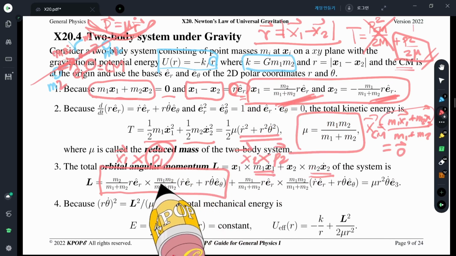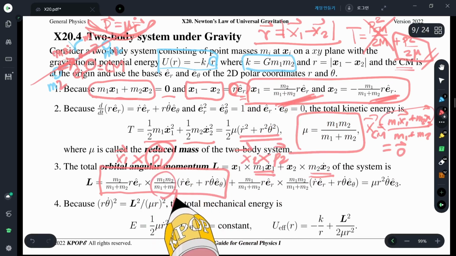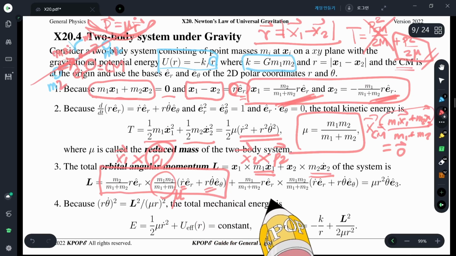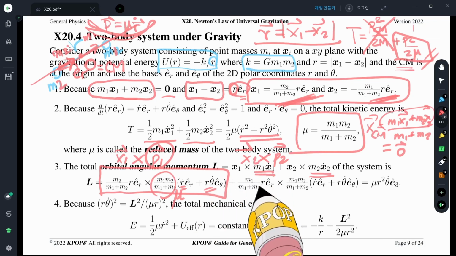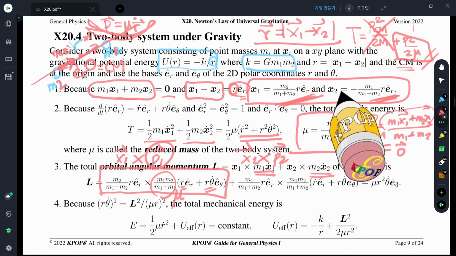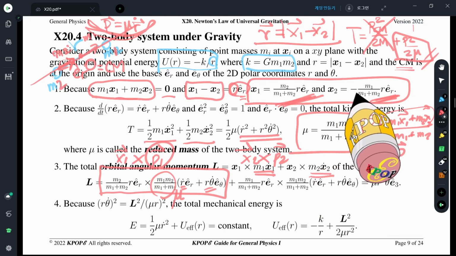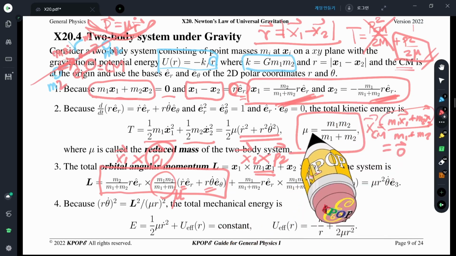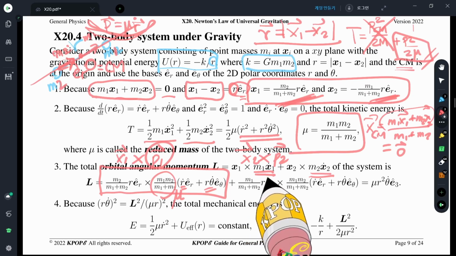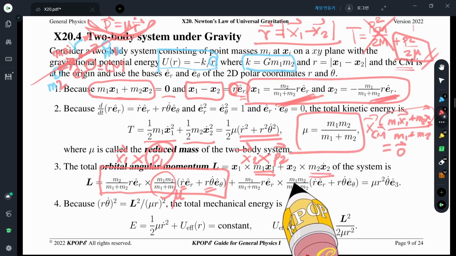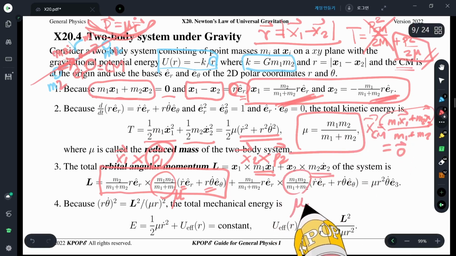So m1 m2 over the total mass is the reduced mass mu, and the dot is radial and tangential. And x2 is here, with a negative sign on it, but x2 dot also has a negative sign, so minus times minus is a positive sign. Then we have x2, that is m1 over m1 plus m2, copied, and multiplied by m2 x2 dot, so m1 m2 is still the reduced mass.